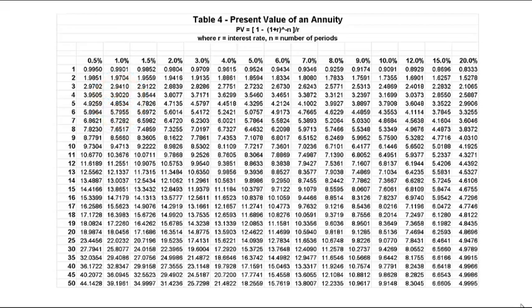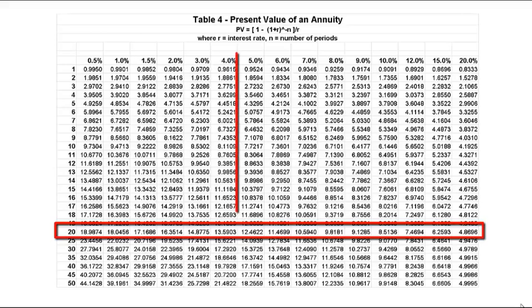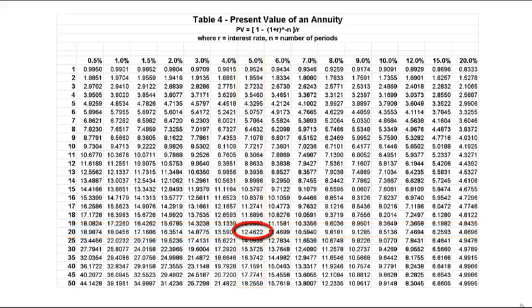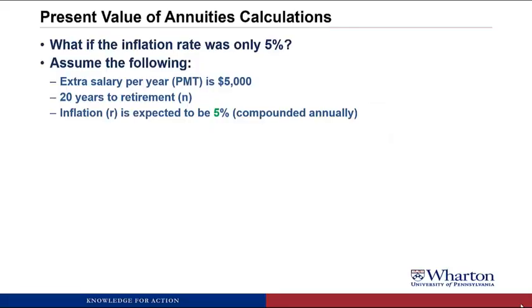So here again, we want to look at the 20-year row because we're going out 20 years, but now it's only going to be 5% inflation. So we look at the row 20, column 5%. We see that the factor is 12.4622.